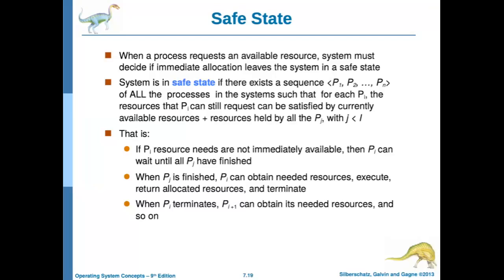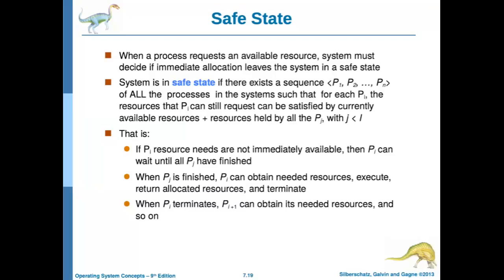For example, if Pi's resource needs are not immediately available, then Pi can wait until Pj has finished. As I mentioned, even though P2 arrived before P3, because of lack of resources, P2 has to wait for the completion of P3. P2 will come later, after P3, so that this sequence will be executed.